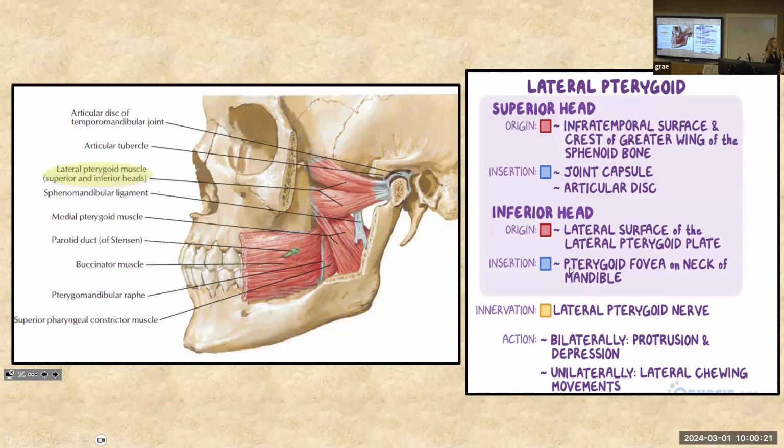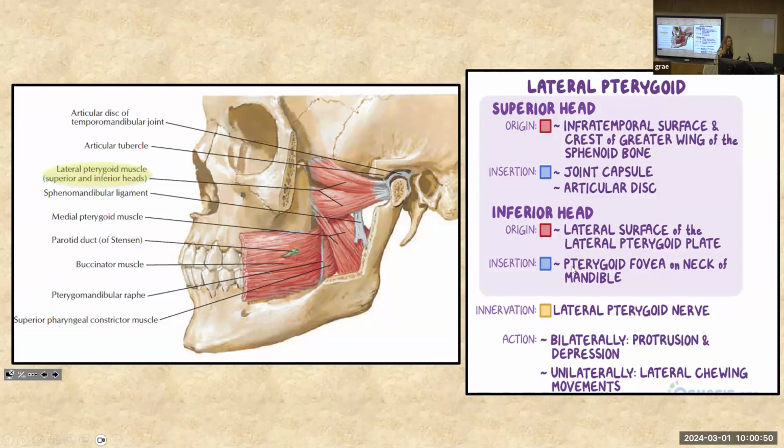Okay. The lateral and medial pterygoid muscles, all of the muscles besides temporalis, do help with protrusion, but lateral and medial pterygoid muscles are very important for side-to-side motions of chewing as well. And the lateral pterygoid also helps with depression. So I'm going to point that out because it's very different from the other muscle actions, the only one that helps with depressing the mandible.